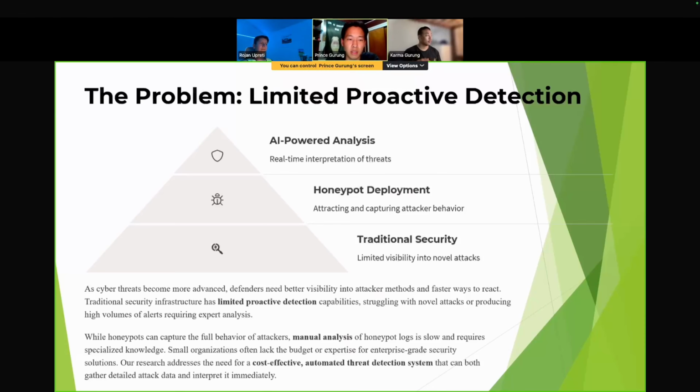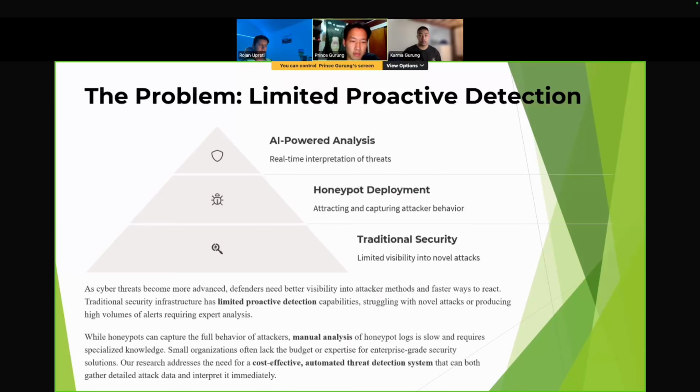As cyberattacks became more advanced, defenders need better visibility into attacker methods and faster ways to react. Traditional security infrastructures have limited proactive detection capabilities, struggling with novel attacks or producing high volumes of alerts requiring expert analysis.